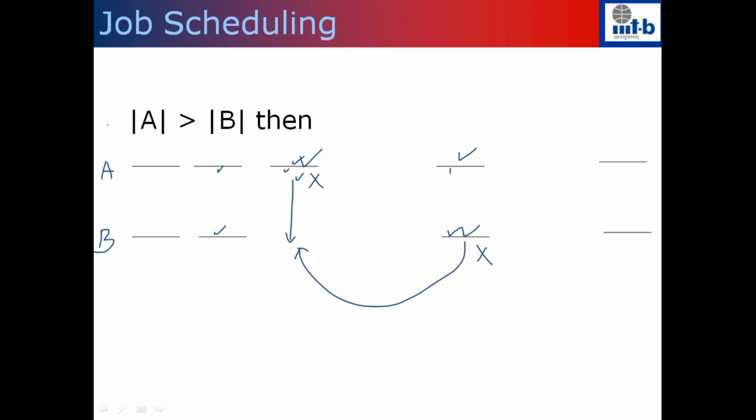If the number of jobs in A is greater than the number of jobs in B, we are able to figure out a job in A which, along with the jobs of B, can be scheduled, and the job that we pick is not in the collection of B.